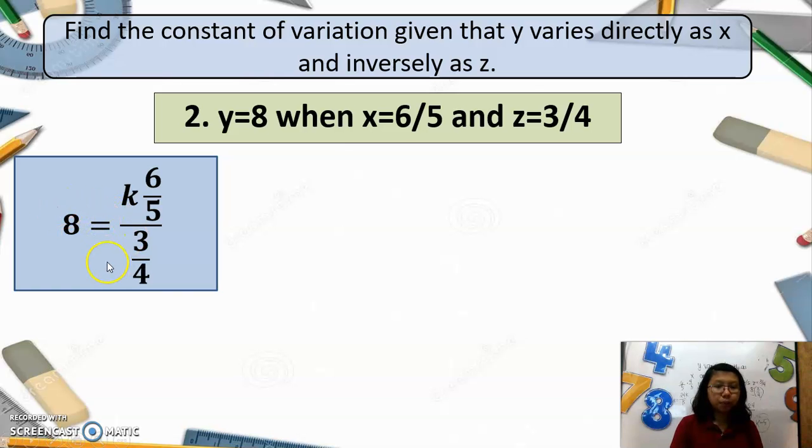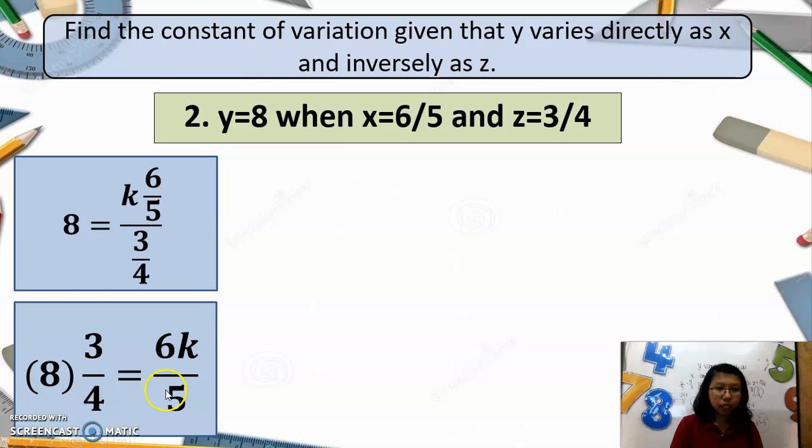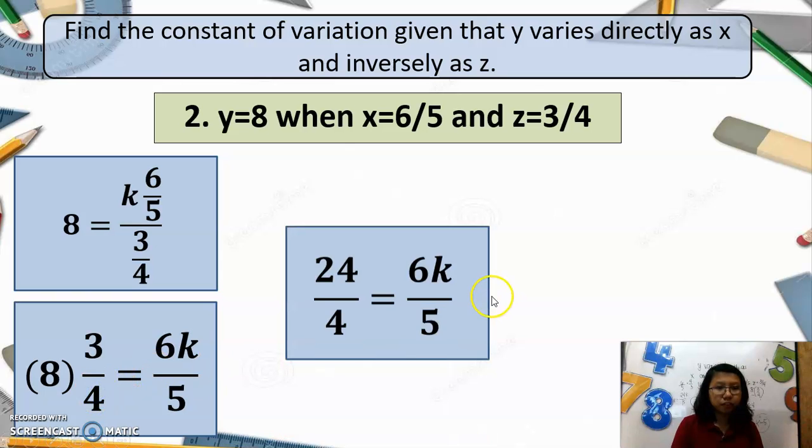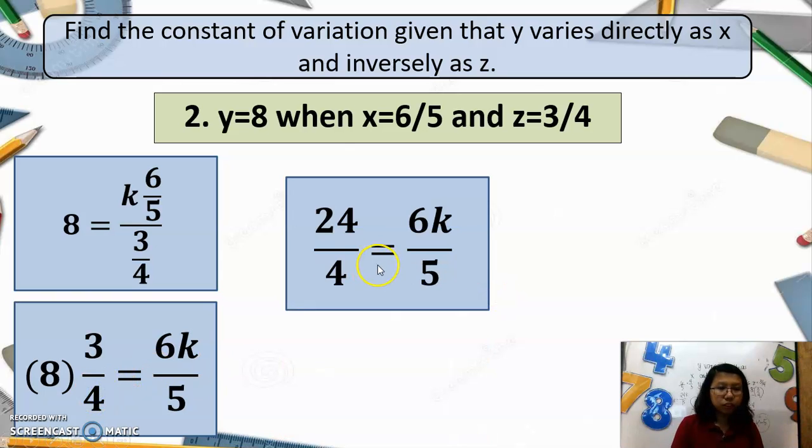With this example, we just need to cross multiply. So the denominator of 8 will be 1. It will be just 6k over 5. And then 8 times 3 over 4, we will have 24 over 4 equals 6k over 5.